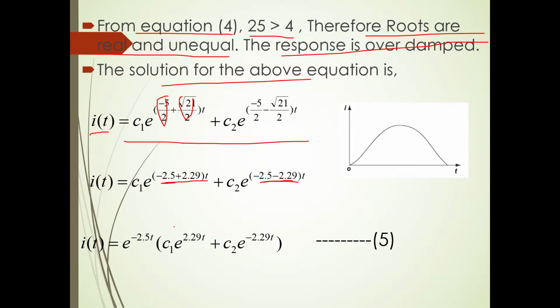That is our equation 5: i of t equal to e to the power of minus 2.5t, which I have taken common, and I have rewritten the other terms within the brackets: c1 e to the power of 2.29t plus c2 e to the power of minus 2.29t.